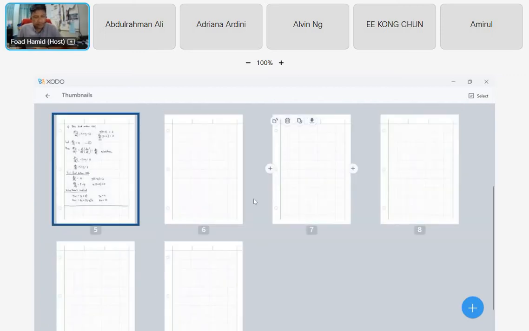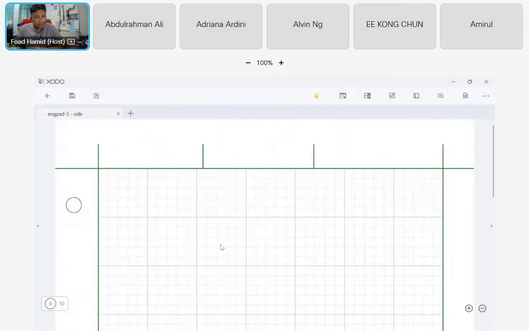Now let's solve this kind of problem. So this is figure 27.2 from your textbook.